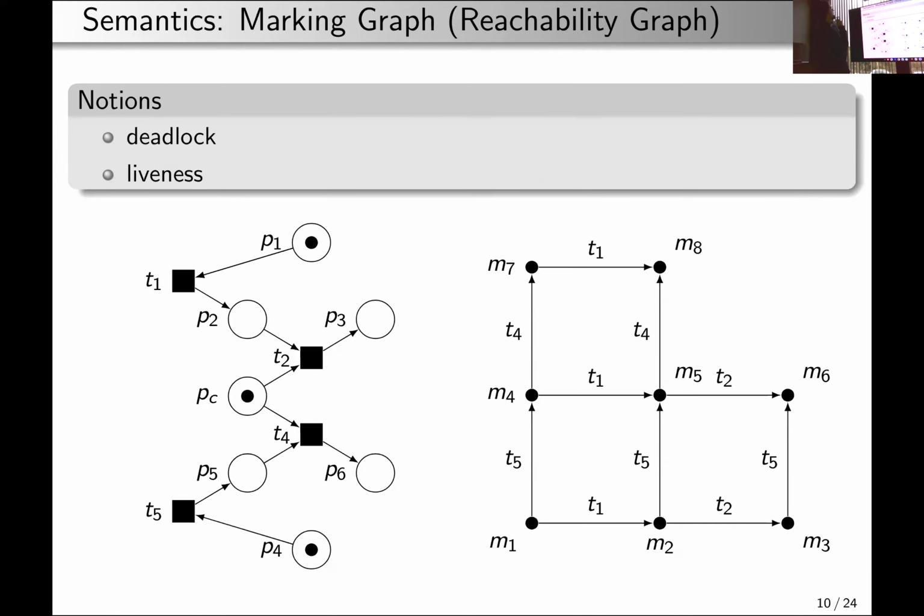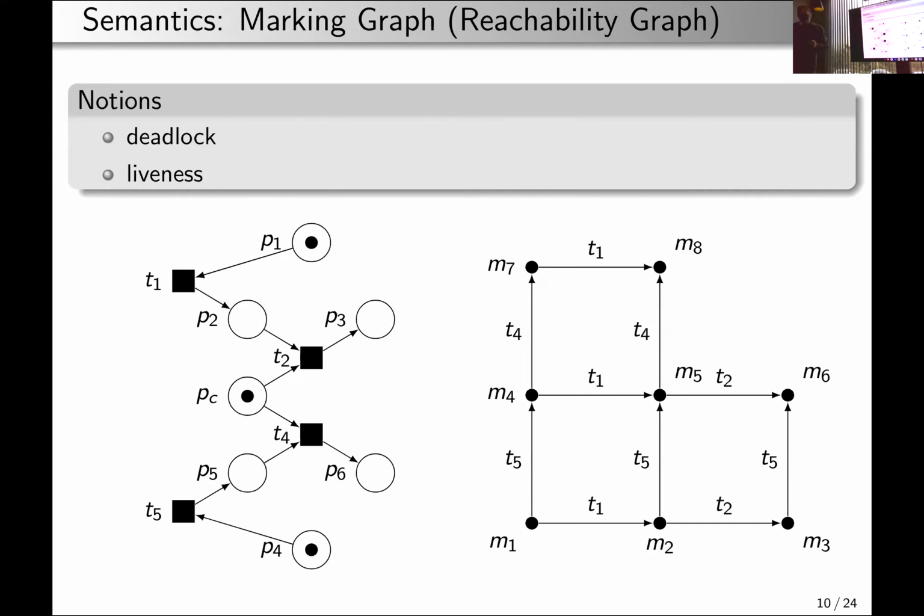Is there anything else I needed to say here? Oh yeah, deadlocks and liveness. So a deadlock is a state of the system in which nothing is enabled. Okay, M8 or M6 here, which correspond to either P3 or P6 being marked in some state. And liveness is the dual notion.